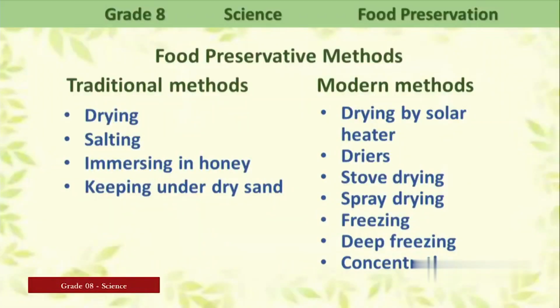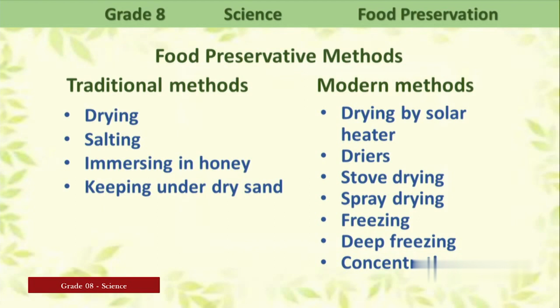Now let us see modern methods of food preservation. What are the modern methods of food preservation? First one is drying by solar heater. Solar heat, the heat of the sun, is used to dry the food materials.